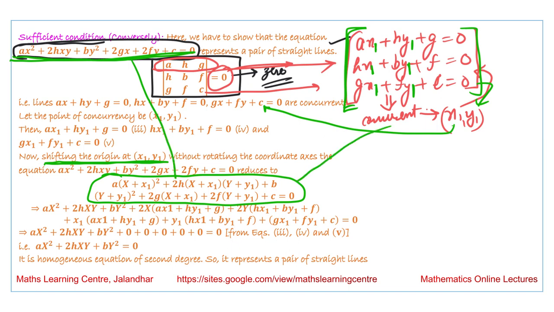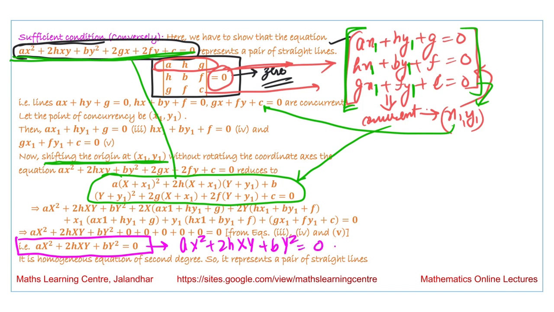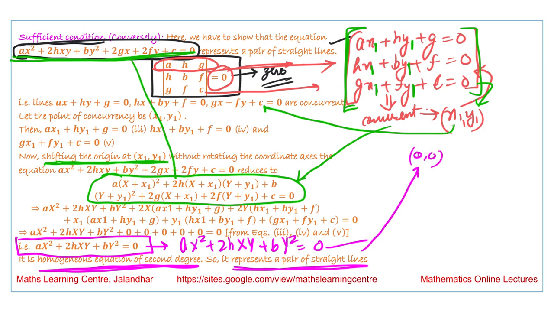We are saying we are shifting the origin to the point (x1, y1), and the new equation we obtain in this form. On solving these terms, you will obtain the equation in the form ax² + 2hxy + by² = 0, and this is a homogeneous equation of second degree, and we know that this represents a pair of straight lines passing through the point (0, 0), where we have shifted the origin to the point (x1, y1).